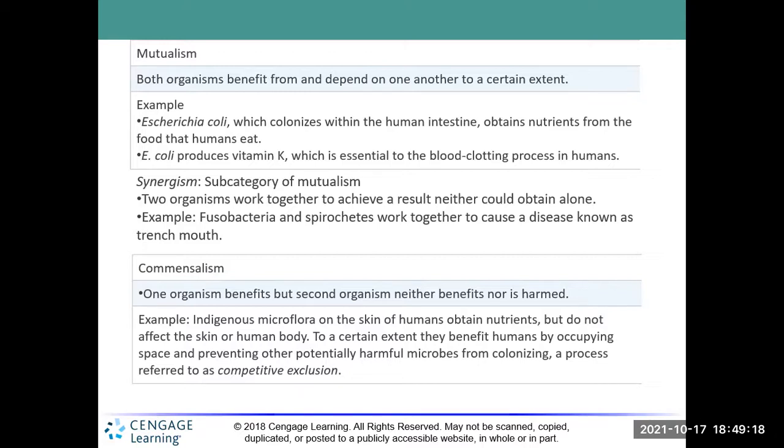They do occupy space on the skin, and they allow that space to be occupied so that other microbes cannot colonize on the skin. When they're doing that, that's competitive exclusion, where the healthy indigenous microflora on the skin is taking up the space that the pathogenic kind of microbes are trying to occupy, so it prevents them from getting into that space. So that's competitive exclusion.